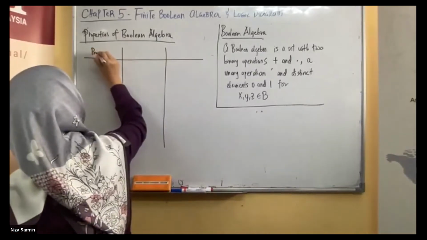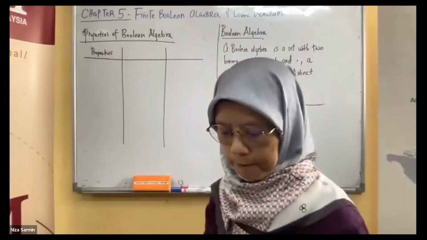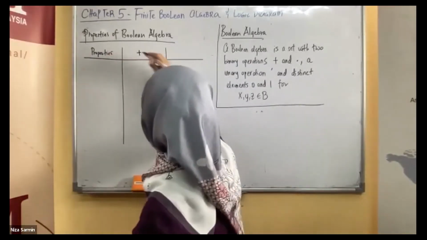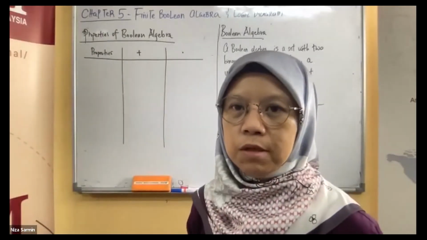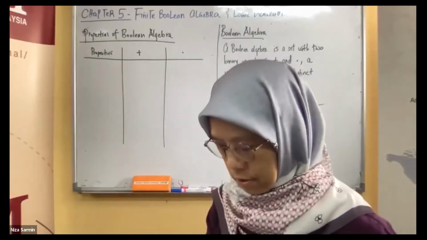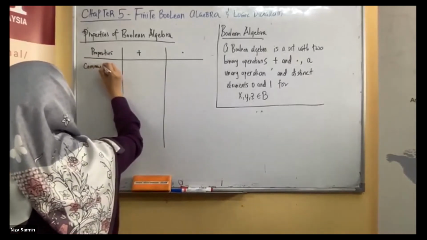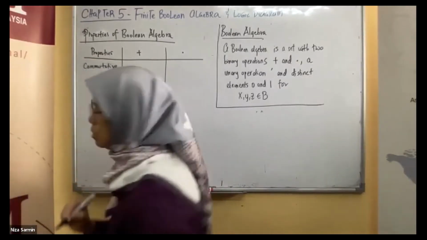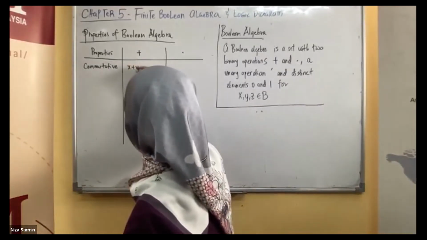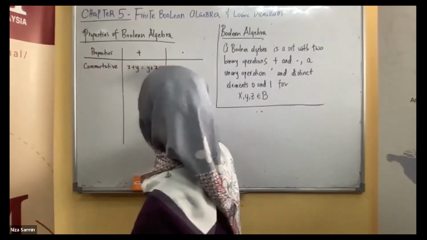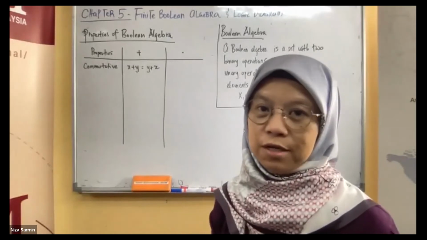So I write the properties here. And I will compare with this. Okay, Shiham, later on you help me to change the column, yeah? The first one is what we call commutative. I think you have seen this so many times, right? X plus Y is Y plus X. Like numbers are commutative, matrices are commutative under addition, right?